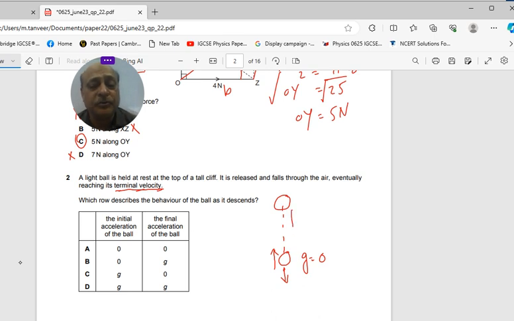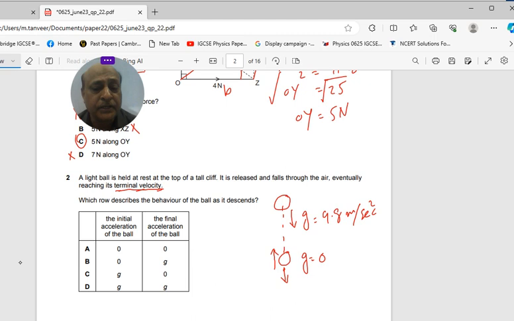First the ball will move with the acceleration due to gravity, that is 10 or 9.8 meter per second square. But when the ball reaches terminal velocity, its acceleration will be 0, since the ball is now moving with uniform speed. Now look at the table. Initial acceleration of the ball 0?